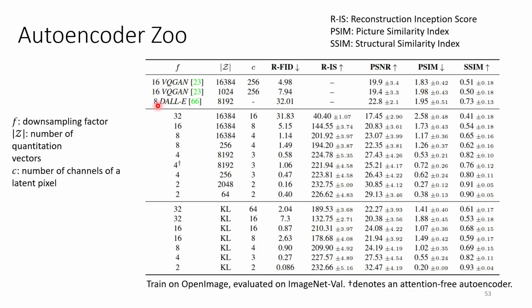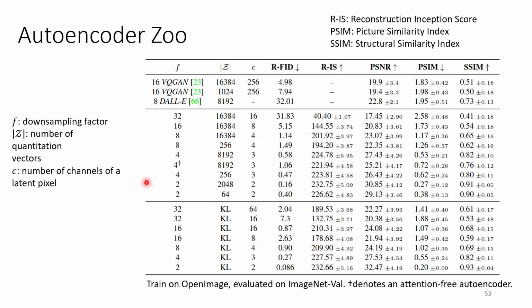It is compared with VQGAN and DALL-E, using different scaling factor f, codebook size, and different channels, which will generate different results. And what does KL mean? The KL means the KL divergence.